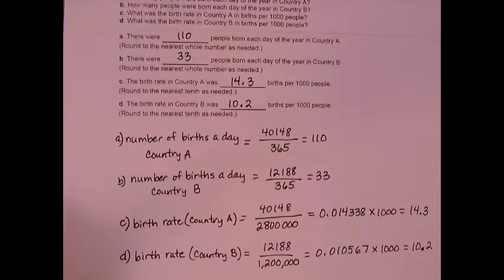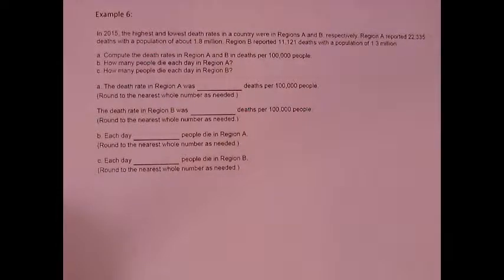Okay, last example in this video. In 2015, the highest and lowest death rates in a country were in regions A and B, respectively. Region A reported 22,335 deaths with a population of 1.8 million.